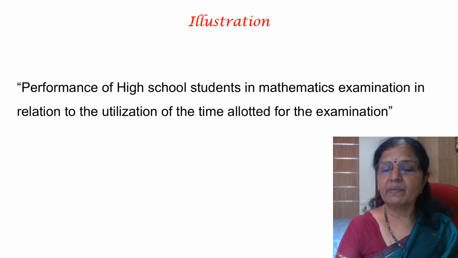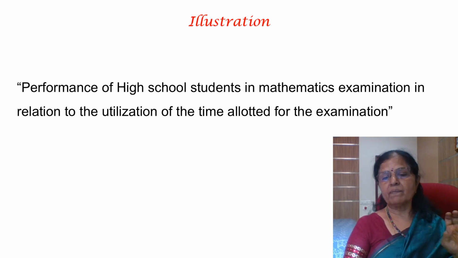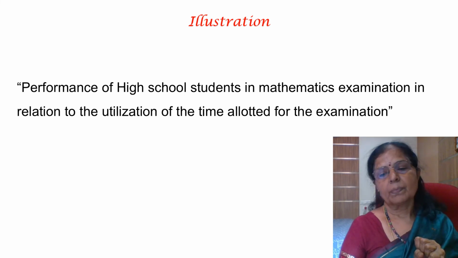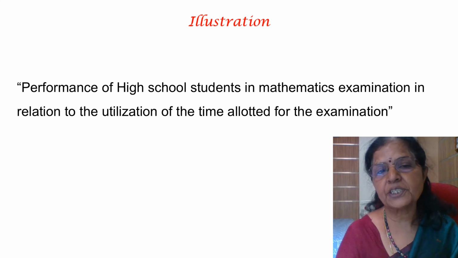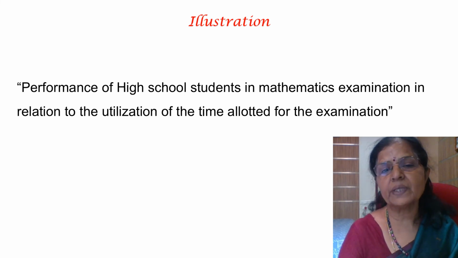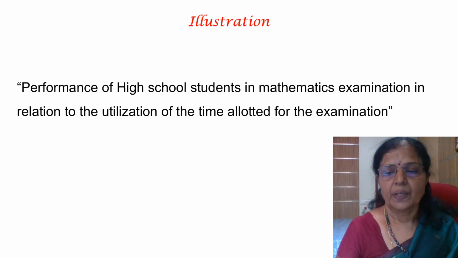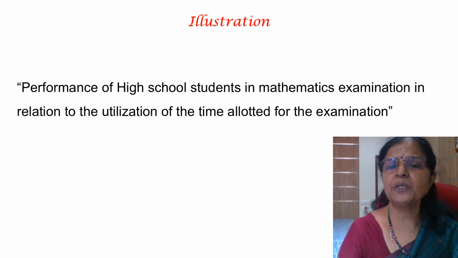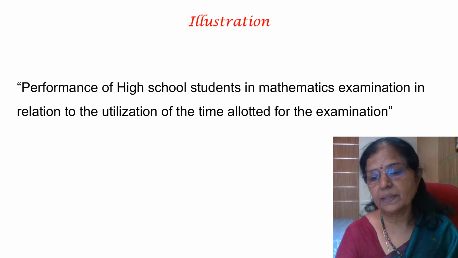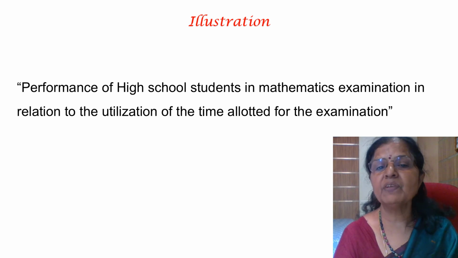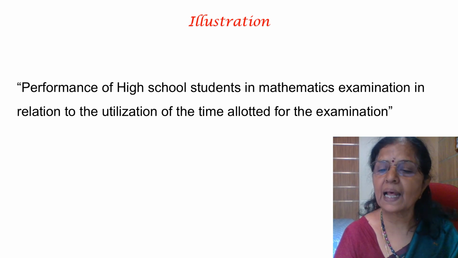Now I have corrected the papers. I have all the data I wanted for my research, and I systematically arrange all the data in an Excel sheet with register number or maybe names, the time utilized and the marks obtained. And to find out the relationship between these two variables, namely time utilized and marks obtained, I will use correlation analysis.